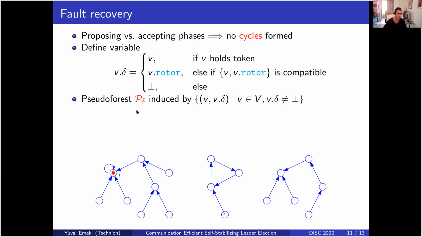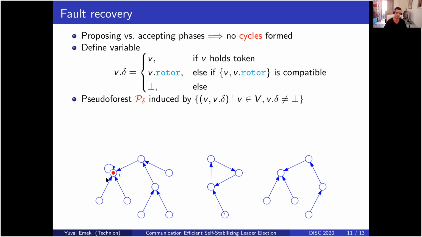Now you see that a component of this pseudoforest includes a token if and only if it has a self loop. So any component that has a cycle which is not a self loop, or doesn't have a cycle at all, cannot hold any token.